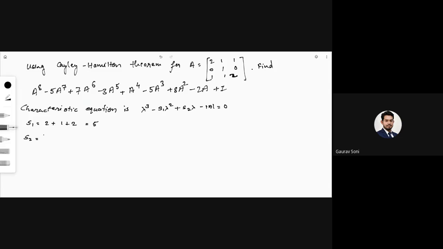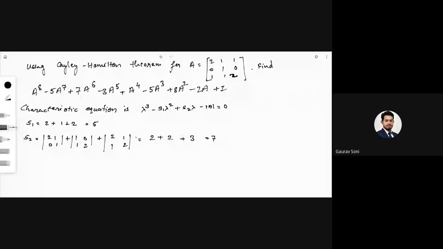S2 is the sum of minors of the diagonal elements. So 2, 1, 0, 1 plus 1, 0, 1, 2 plus 2, 1, 1, 2. So first one 2, plus 2, plus 4 minus 1, which is 3. That is 7.